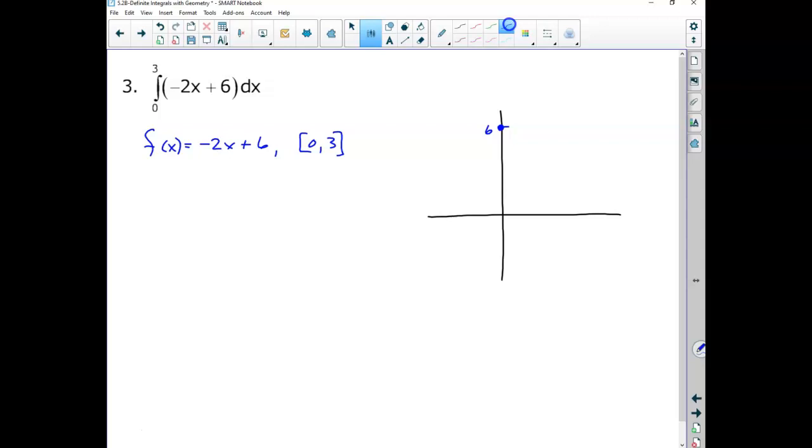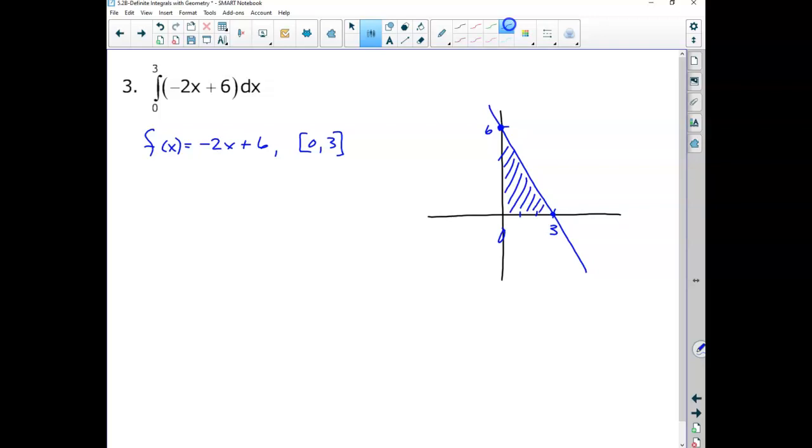If I put a 3 in here, I'm going to get 0, so my x-intercept will be 3. I'm really just looking at this triangle right here. That's my area because I'm bounding from 0 to 3.